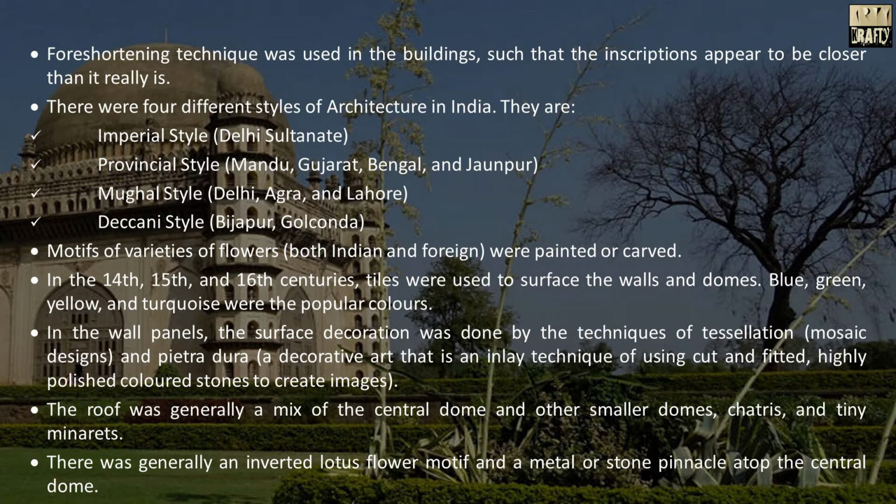The roof was generally a mix of the central dome and other smaller domes, chhatris, and tiny minarets. There was generally an inverted lotus flower motif and a metal or stone pinnacle atop the central dome.